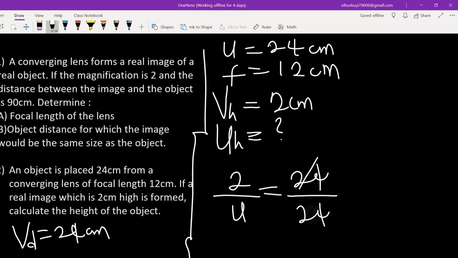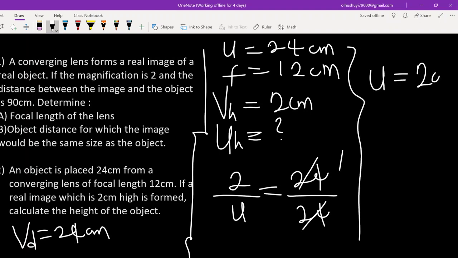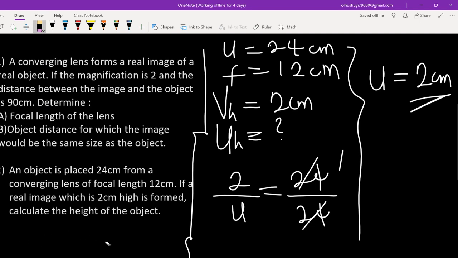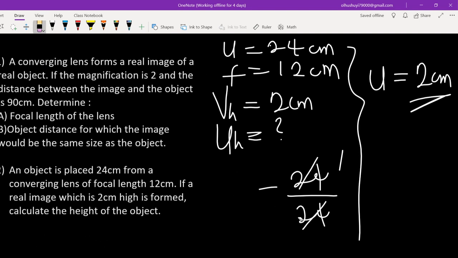This and this give us 1. Automatically, our U subscript H will be equal to 2 centimeter.